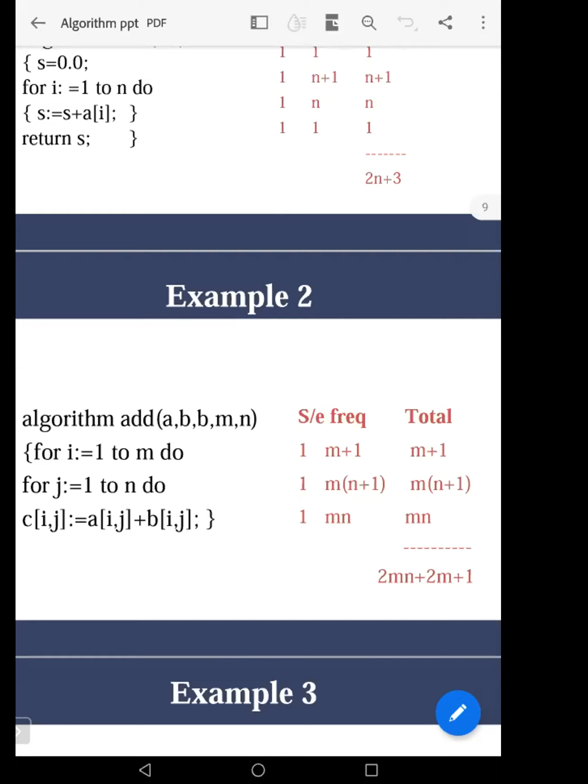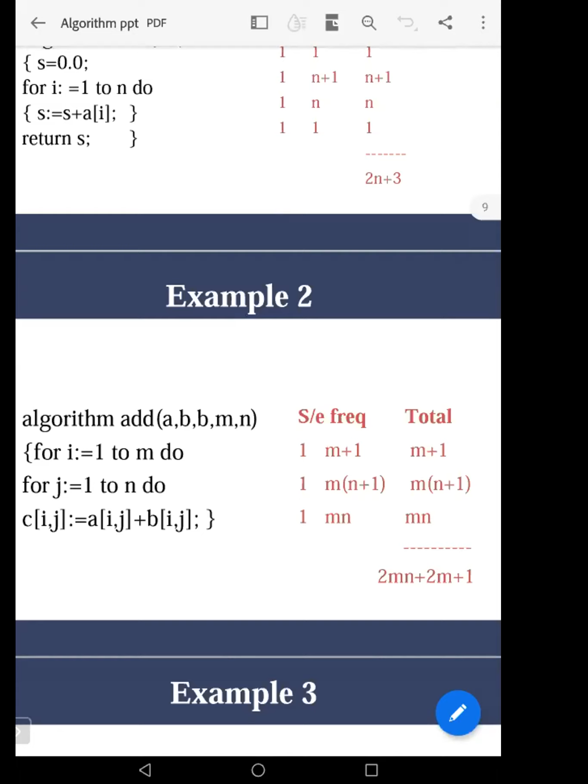When we are counting, the outer loop executes m plus 1 times. The inner loop executes n plus 1 times, but for each outer iteration, because the inner loop is the body of the outer loop, the inner loop is executed m times, so it is m times (n plus 1).